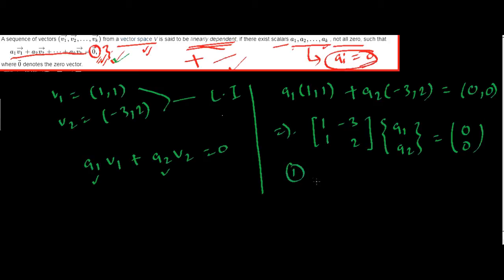One is the Gauss elimination method, and second is your usual method, like what we were doing in our basic classes.